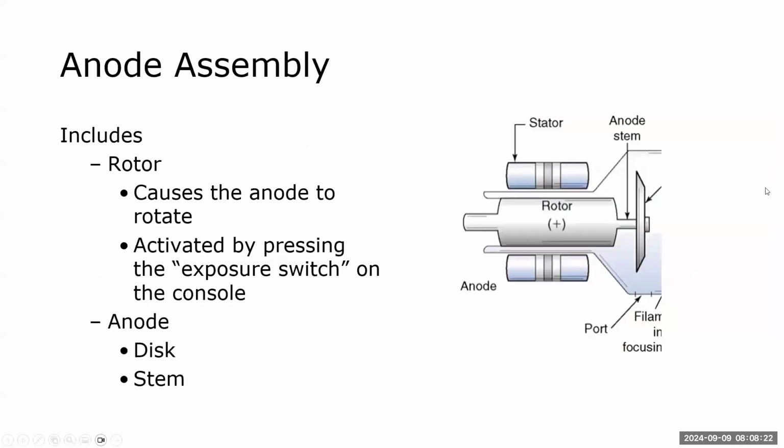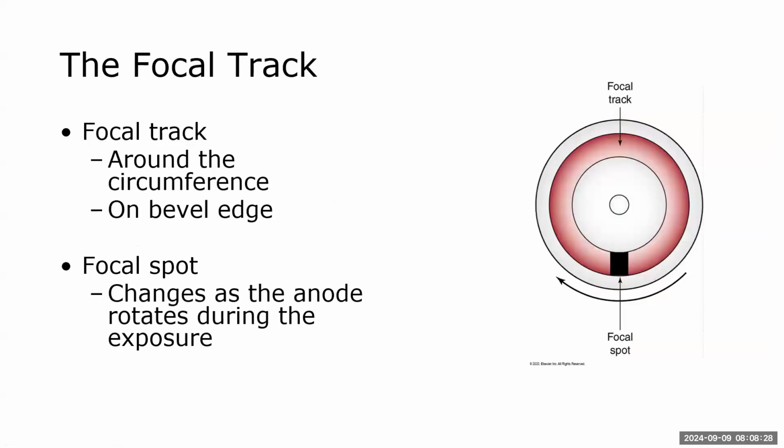See, this is what we're talking about, this beveled edge right here. So the focal track is this entire area. This is the area of the disc where X-rays could possibly be produced. It just depends on where the electrons strike it.